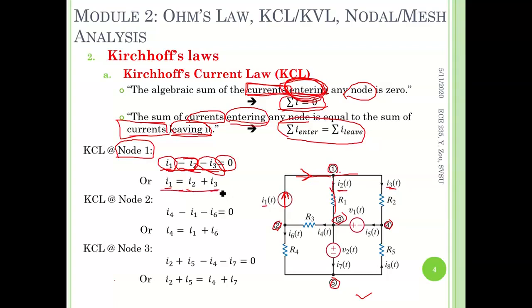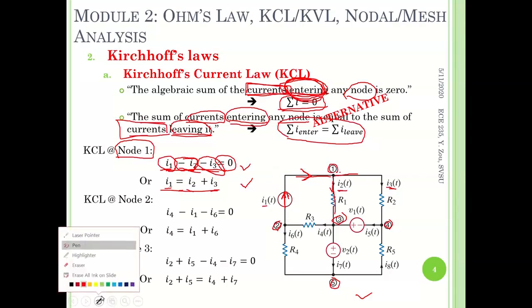It's not a surprise that these two equations are exactly the same equation if you move the terms around. Therefore, we know these two are alternative descriptions. Feel free to apply any comfortable way to understand this KCL and accordingly write the equation.